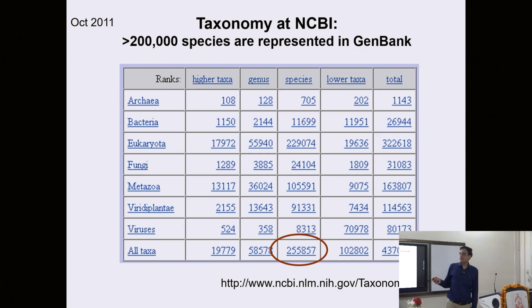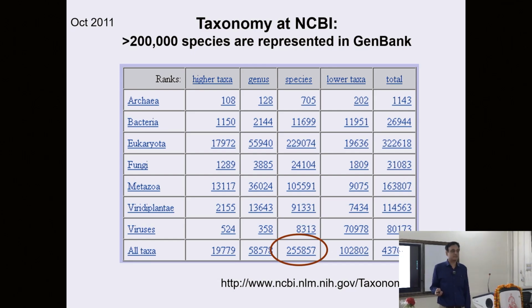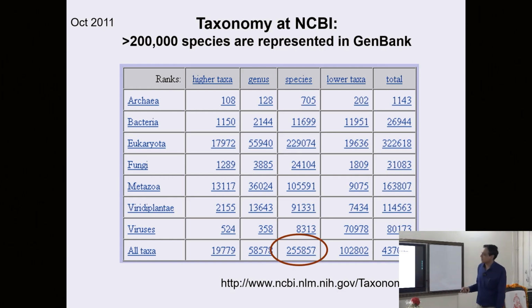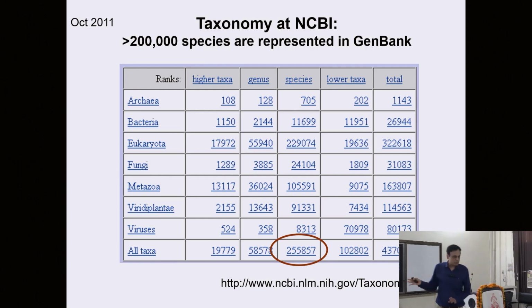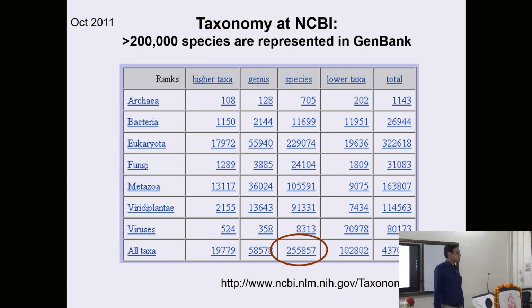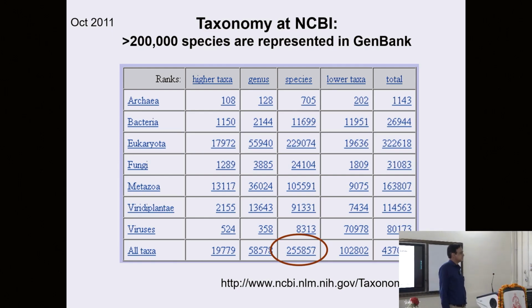I started keeping track of the number of species represented at NCBI Taxonomy in 2011, so relatively recent. At that time there were about 255,000 species represented in NCBI Taxonomy.